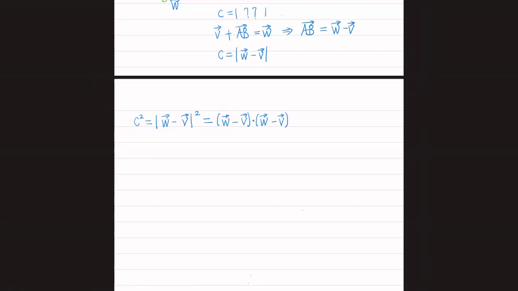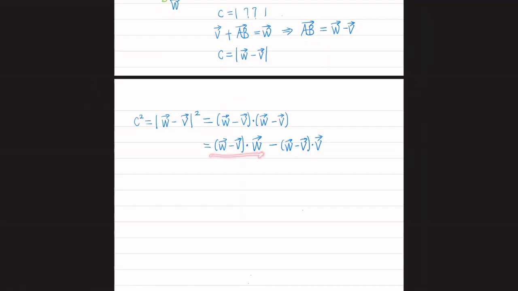Okay, so let's continue from there. I copy the first vector. I distributed it to the difference. I keep the dot product. Next, I'm going to apply the distributive rule again.